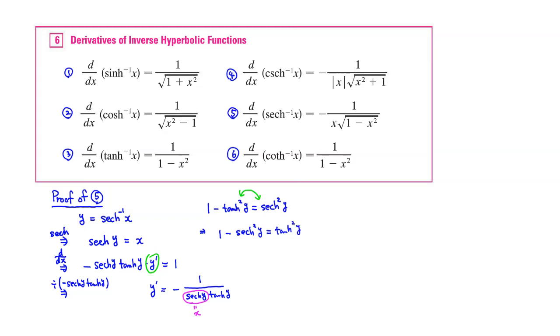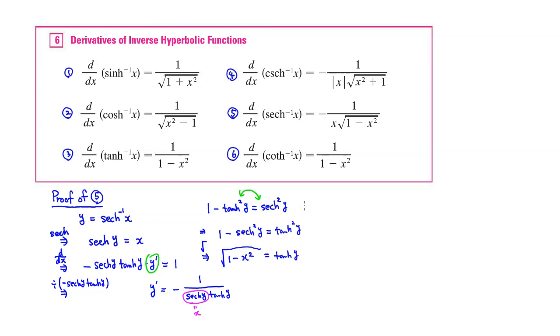If you want the hyperbolic tangent, I'm going to just take the square root of both sides. So you have the square root of 1 minus, but the hyperbolic secant is x in this case, so you have x squared, is equal to hyperbolic tangent of y.